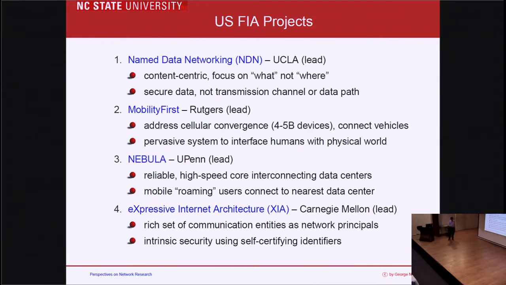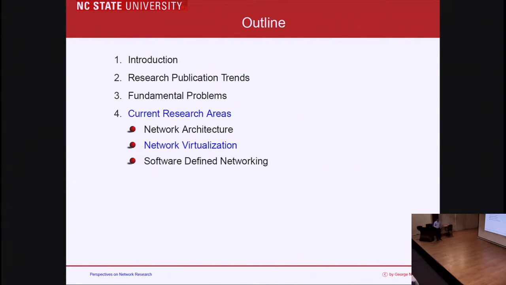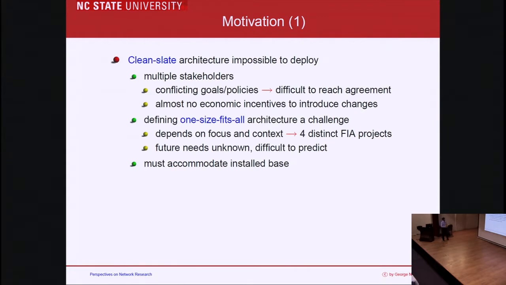If you look at each of these projects, right, they look at the architecture from a very different point of view, okay? And that is important because, first of all, if you are talking about clean slate, it's impossible to deploy, right?